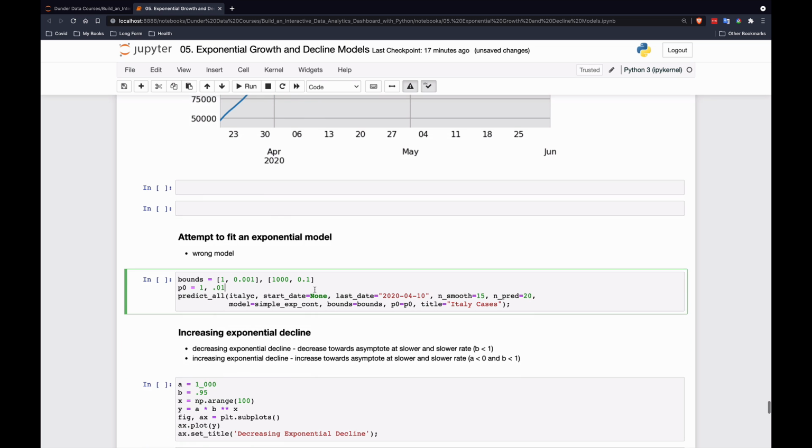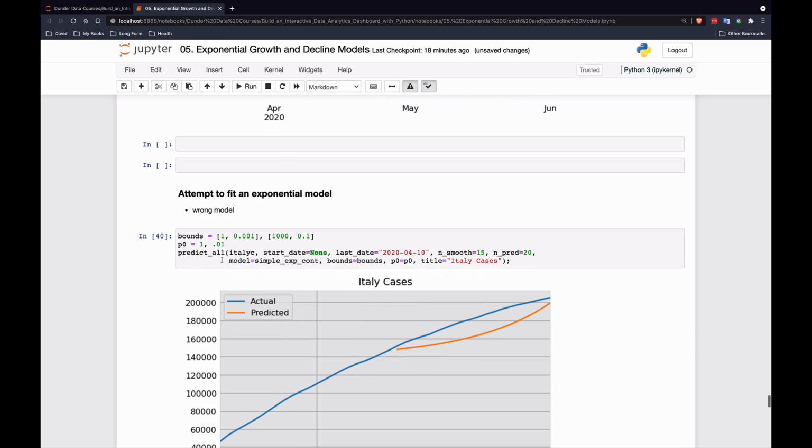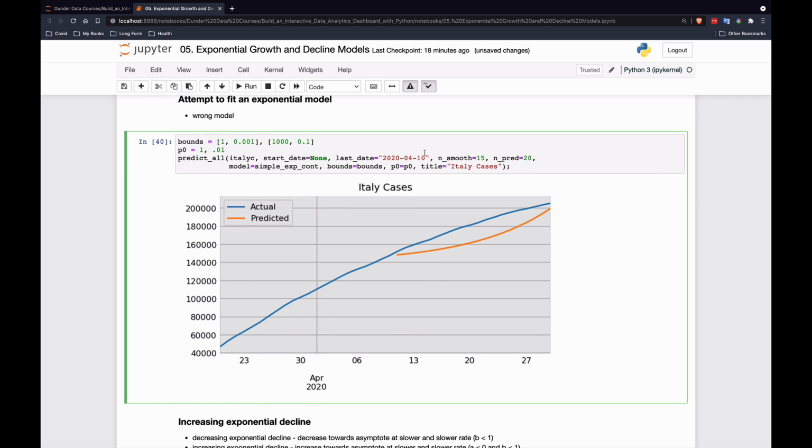So it should not fit, and when we run it, we have our predict all over here, so it's very simple. We just give it the model, and we just give it the bounds and a starting guess. And here we say to use April 10th as the very last date, and you can tell our exponential growth has to be shaped like this, concave up, and it just won't match the shape of the underlying curve, and so it doesn't really have a good chance at fitting it.